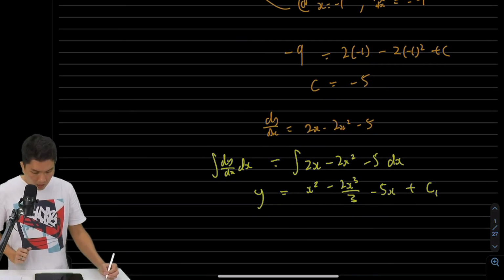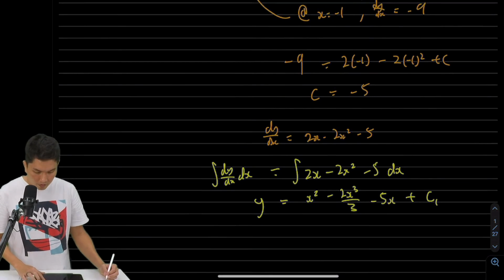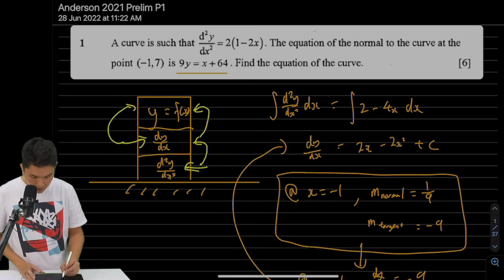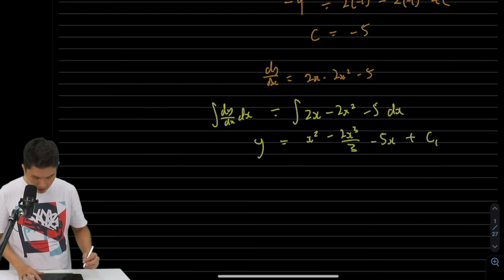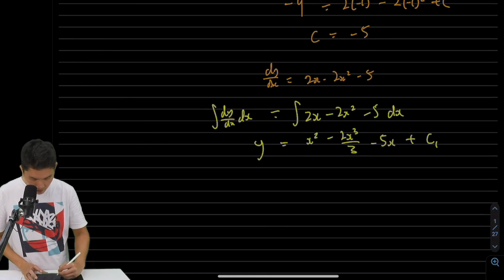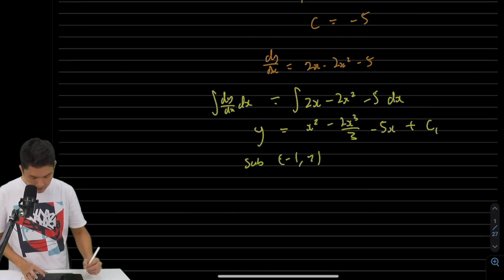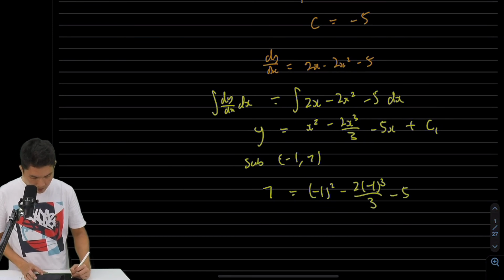Okay, so how do we get c1? So we go back to the clue given over here. When x equals negative 1, y equals 7, right? As suggested by this pair of coordinates. So I can do that. Let's sub the coordinates into here. So I'm going to get 7 equals negative 1 squared minus 2 times negative 1 cubed over 3 minus 5 times negative 1 plus c1.